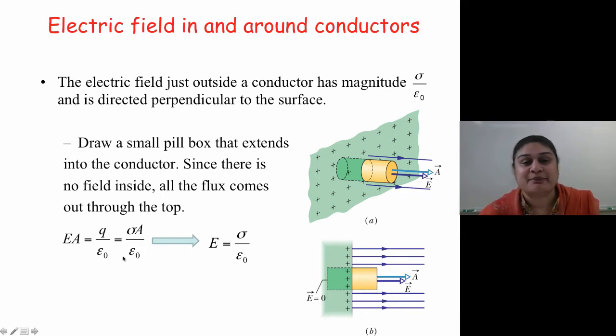In this case it'll be only on one side, because inside the conductor E is equal to absolutely zero. One face is inside the conductor and one face is outside. So it'll be E dot A, only one surface, equals Q over epsilon naught, or sigma A over epsilon naught. So the E field equals sigma over epsilon naught.